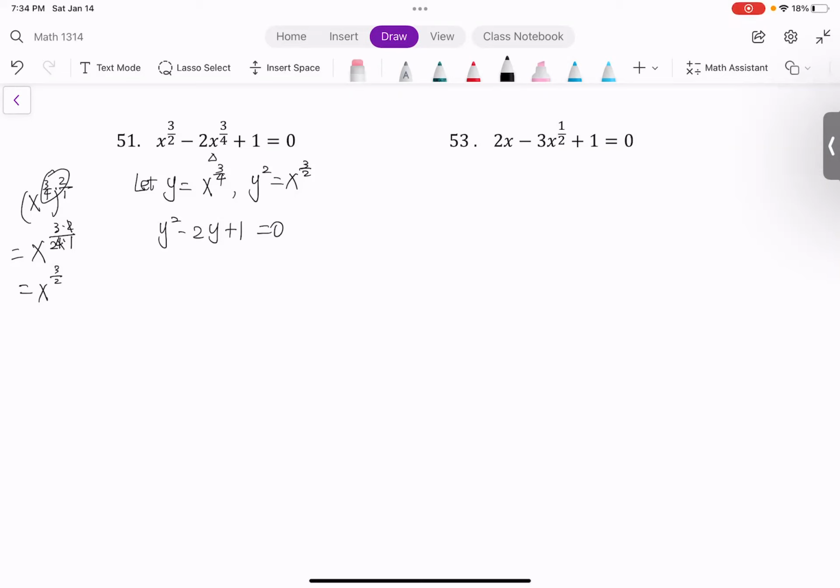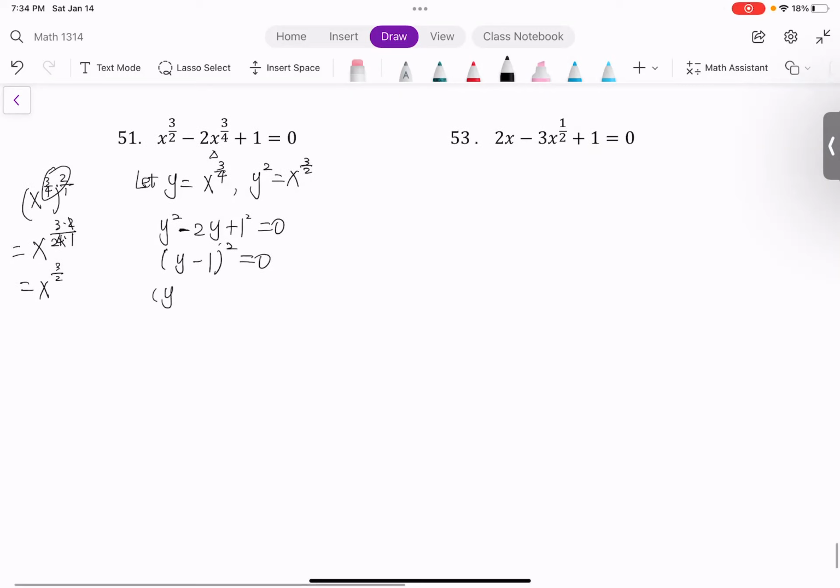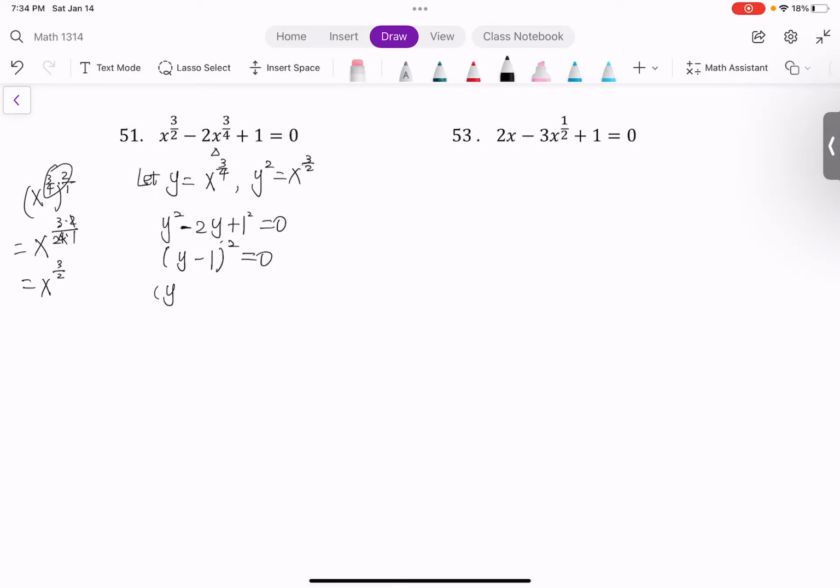Yes, because the first term is y squared, last term is 1 squared. In the middle is 2ab, or 2 times y times 1. This is y minus 1 squared equals 0. So something squared equals 0. So 0 squared equals 0. Or you can expand this one into the y minus 1 times y minus 1.